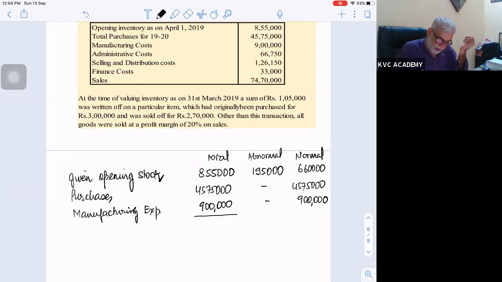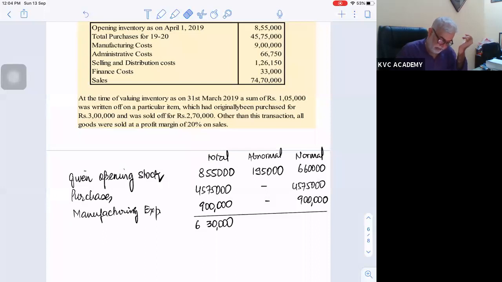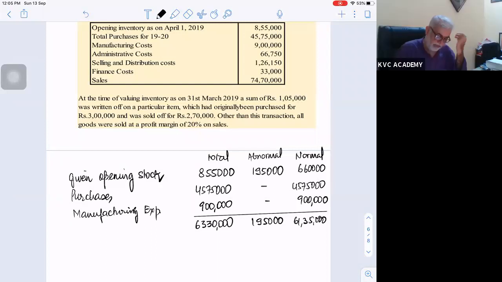So what is the total? 63 lakh 30,000, which includes this 1 lakh 95, and this one would be 61 lakh 35,000. 6135.